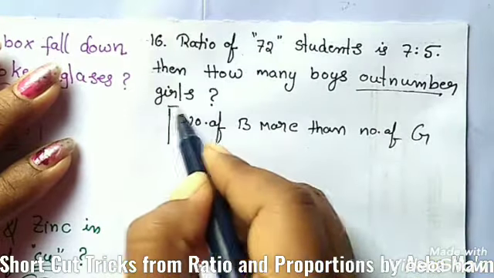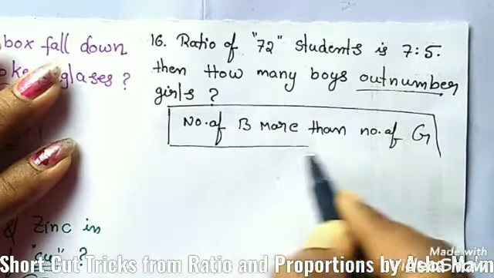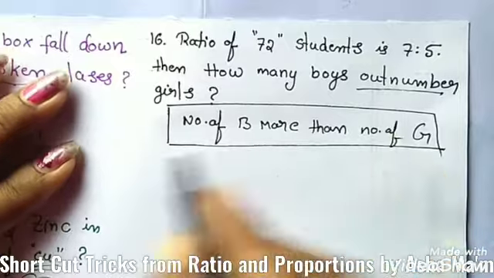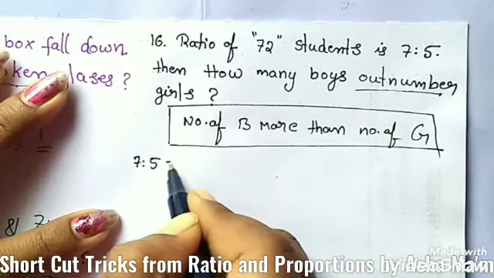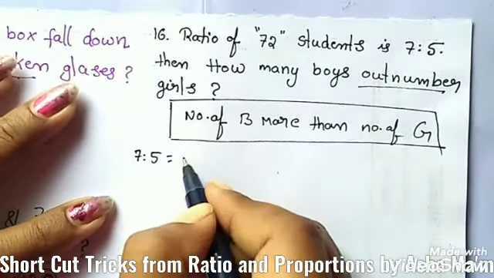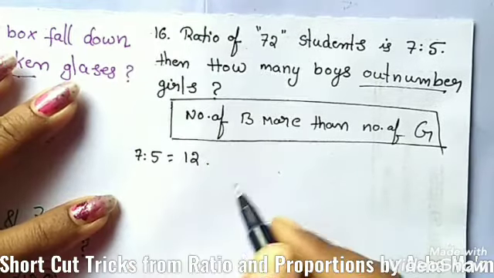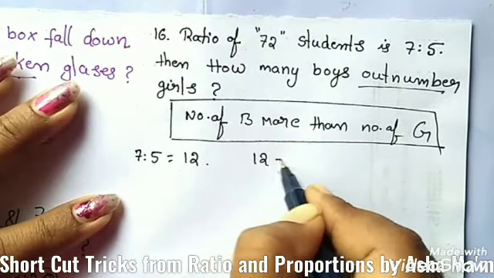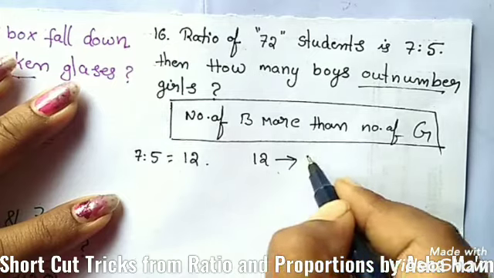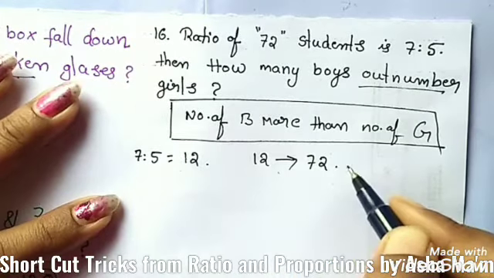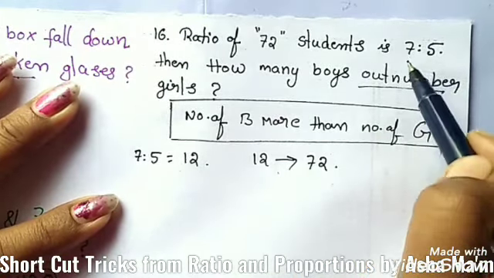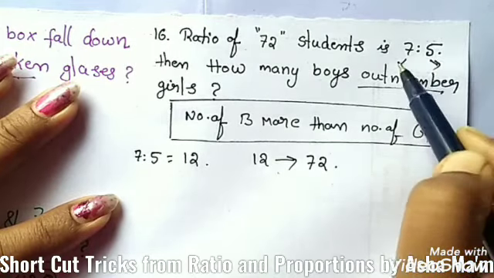So how much number of boys more than girls? Here 7:5 means if you add these two numbers, 12 you should get. If the number is 12, the total number of students are 72. Now 7:5 means 7 is for boys, 5 is for girls.